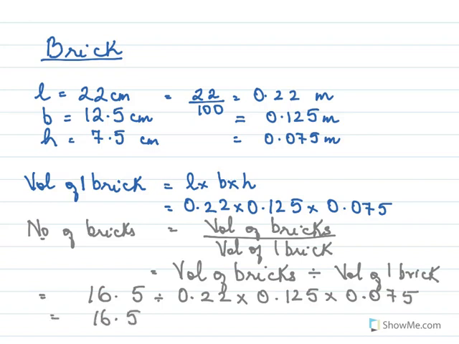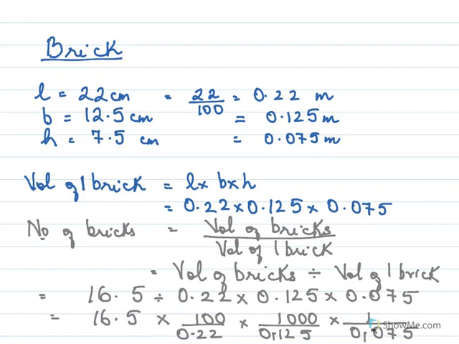The division becomes multiplication, so it would be 16.5 into 1 over 0.22, into 1 over 0.125, into 1 over 0.075. To remove the decimal, I multiply here by 100. To remove this decimal, I multiply by 1000. To remove this decimal, also I multiply by 1000. And if you work this out, you get the answer N is 8000 bricks.